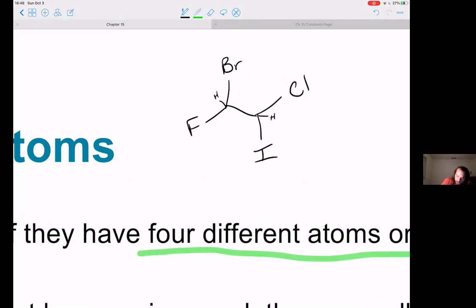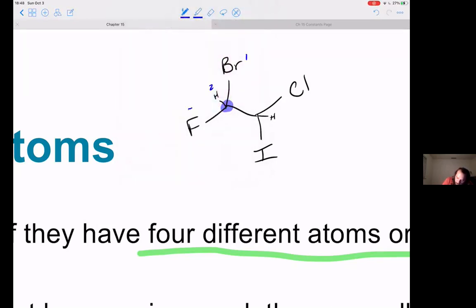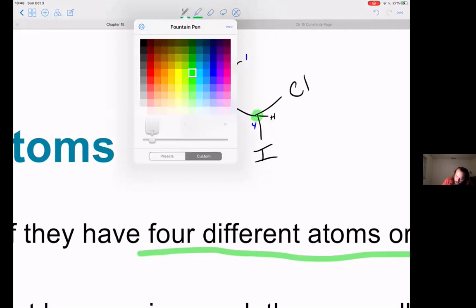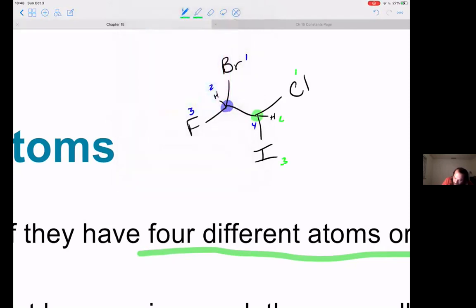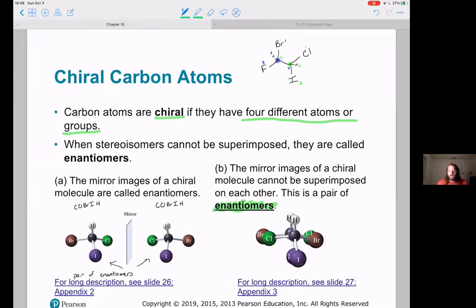So each one of these carbons is bound to 1, 2, 3, 4 different groups. And this carbon is also bound to 1, 2, 3, 4 different groups. So you can have more than one chiral center in a molecule, but in order to be a chiral molecule, you need to have at least one carbon that's bound to 4 different things.